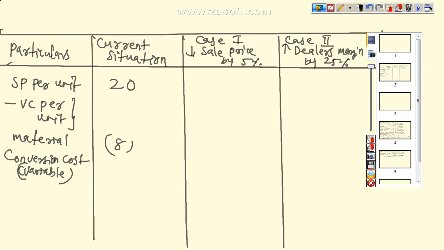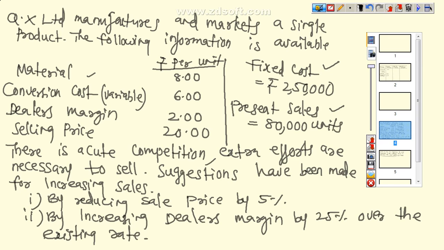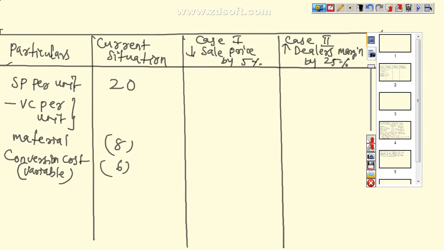It is given 6. Conversion cost is 6. And dealer's margin is also given, 2. So we write it there, dealer's margin is 2.